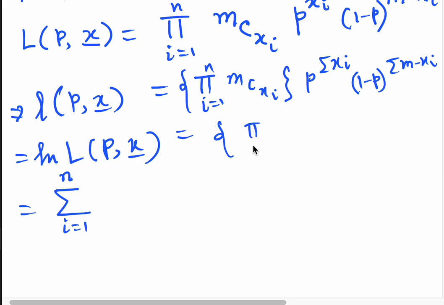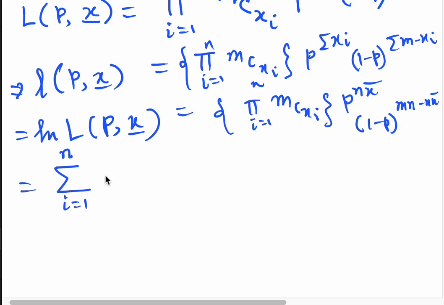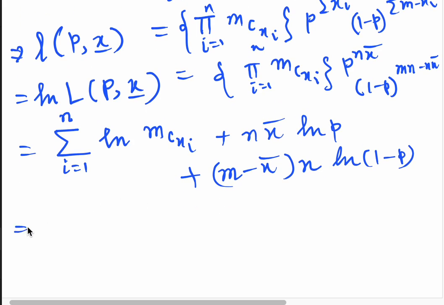So this will be summation of ln mC xi plus n x bar ln p plus (m minus x bar) n ln(1 minus p).